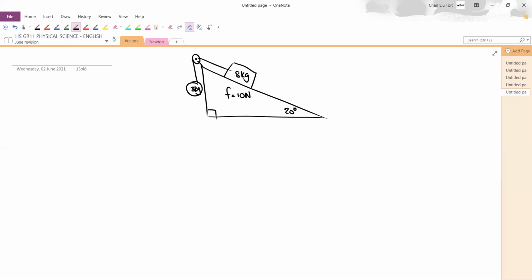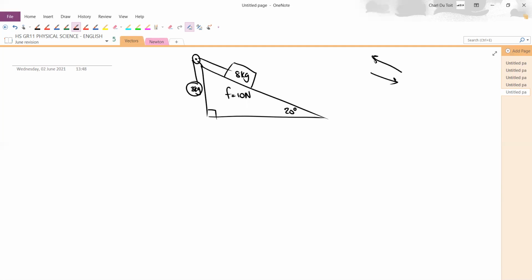Now, normally they tell you, look, the 8 kg box is either sliding down or it's moving up. If they don't tell you which it's doing, can you actually determine if it will slide up or slide down? We can. If we ignore the friction, because the friction is always going to be against our movement or against the direction of movement.